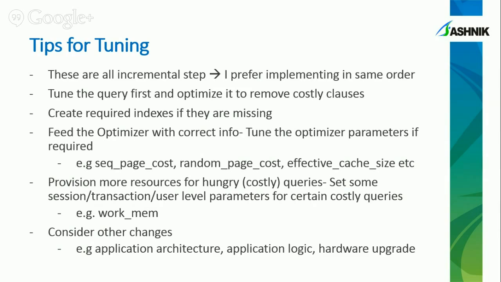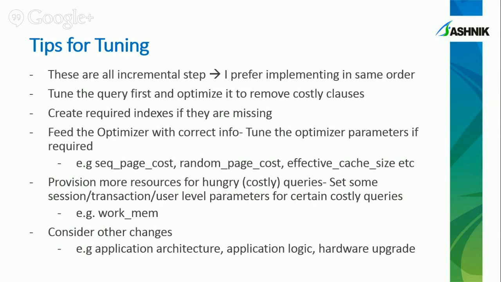Second thing that I look at is creating indexes. If there is any index which is missing, and I see from the plan that a particular operation can be done more efficiently by creating an index, then I try it out before I actually create the index. Then the third thing I do is optimizing my parameters.